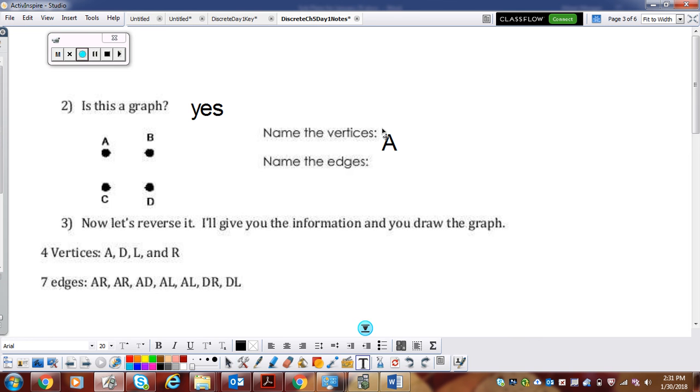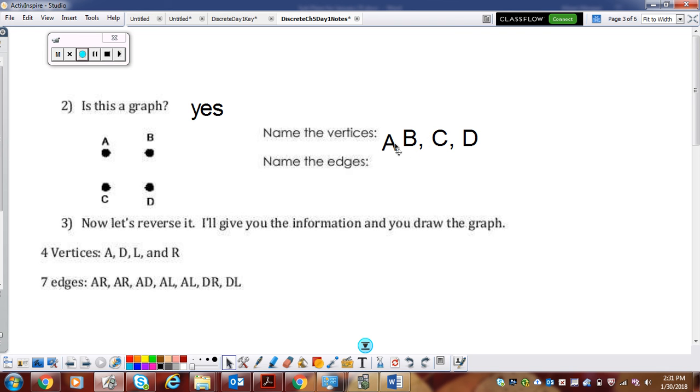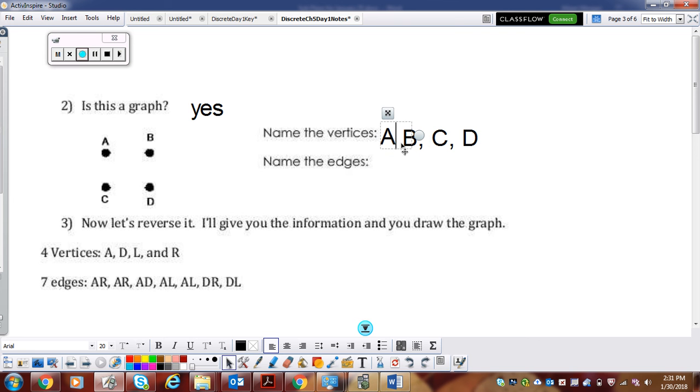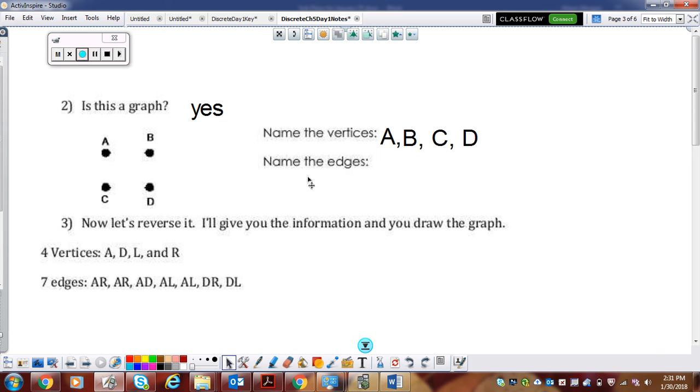So now our vertices are going to be just the letters, so it's A, B, C, and D. So those are my vertices. And now edges, I don't have any edges because there's no lines at all connecting. So we're just going to write down none.